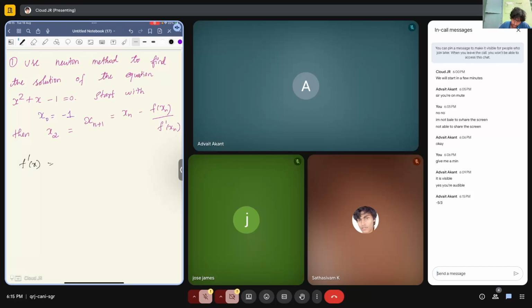f prime of x: you have the f of x here, and then you take the derivative of that. That will be 2x plus 1. And that is your f prime of x. Now let's compute x1. x1 is nothing but x naught minus f of x naught by f prime of x naught.